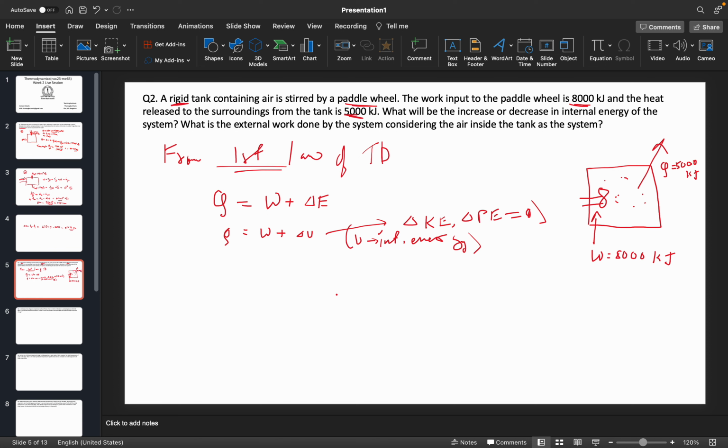Now first of all you have to calculate the increase or decrease in internal energy. Since Q is released from the system, it is negative. And work is done on the system, so it is also negative.